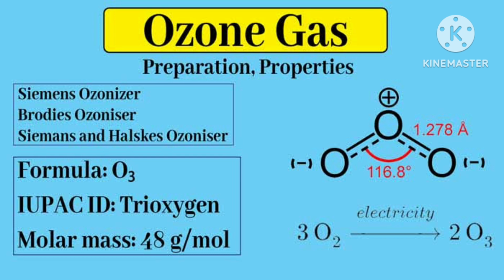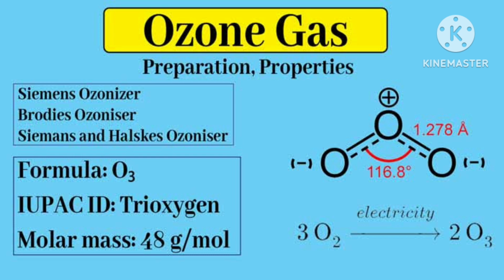Now I am talking about preparation. When a slow dry stream of oxygen is passed through a silent electrical discharge, conversion of oxygen to ozone occurs, but only 10%. You will get only 10%.